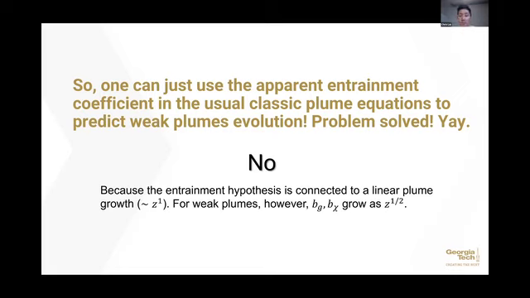To be more precise, if you use a reduced entrainment coefficient in the usual formulation, you would get the velocity right, but the plume width would not be right, because a weak bubble plume is spreading much slower than a strong plume, and that means that your Q, your volume flux flow rate, will be in great error.